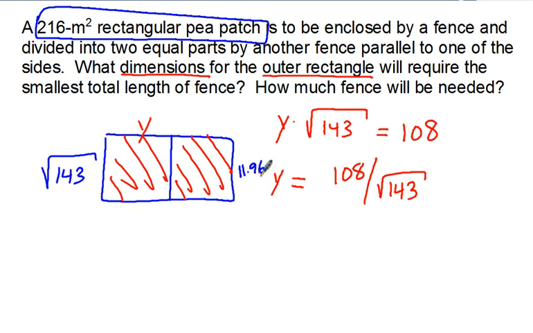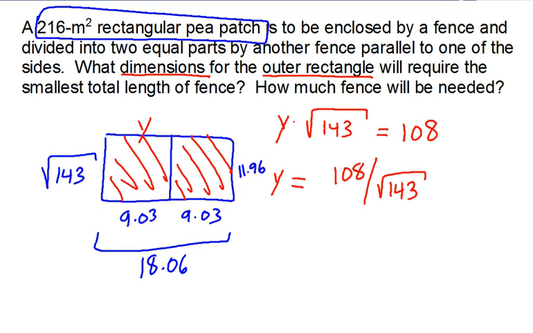And the value of y, which is 108 divided by that value, is about 9.03. If we take two of those y's together, we get 18.06 approximately. Okay, so if our math is right, then this is indeed the dimensions of the outer rectangle that require the smallest total length of fence.